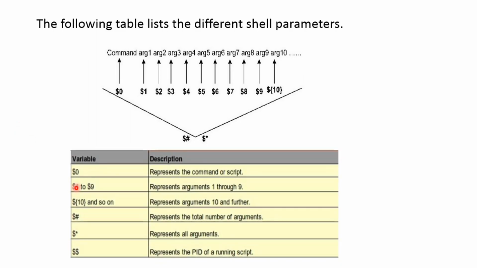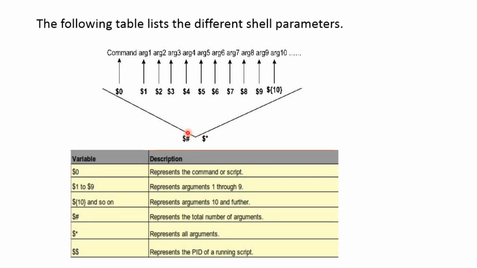Now $0 represents the command, that is the command name. $1 to $9 represent arguments 1 through 9. $10 and so on represent argument 10 and further, if there are more than 10 arguments.